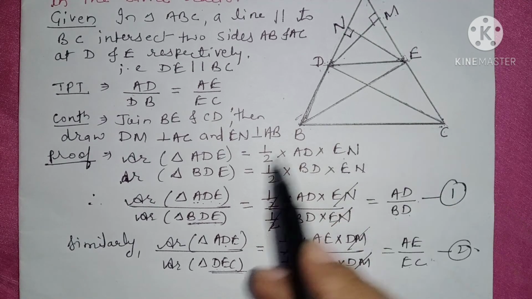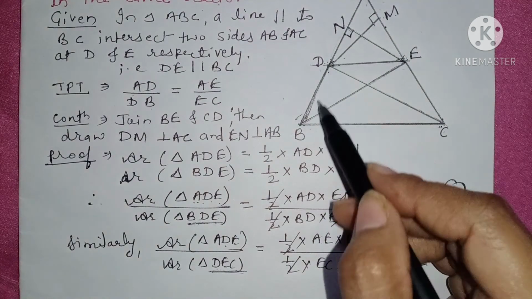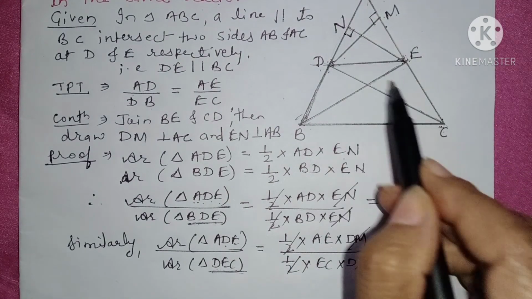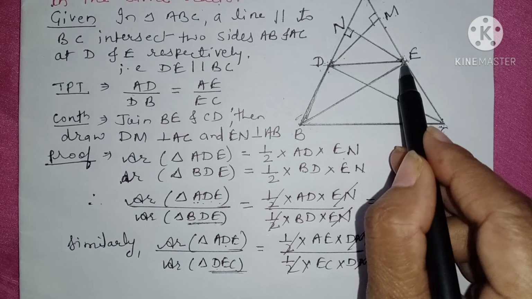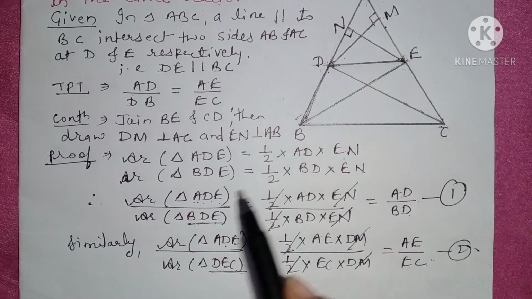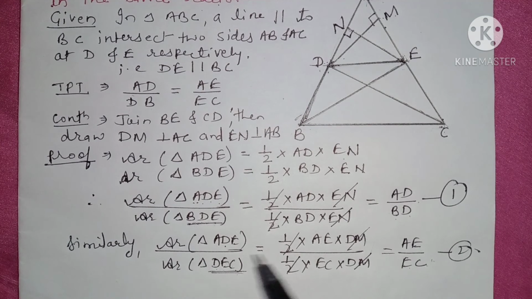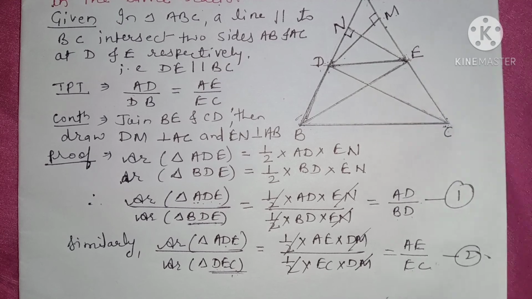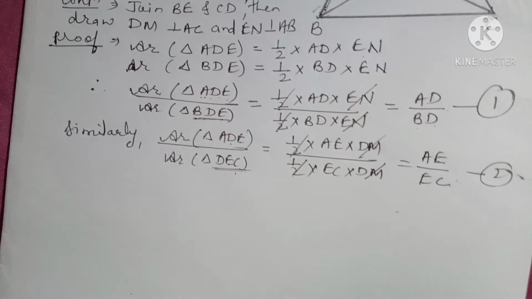So here triangle BDE and triangle DEC lie on the same base DE and between the same parallels. It is given that DE is parallel to BC, so we can say that their areas are equal, right? So these also become equal. Then that will be our third statement, and comparing 1, 2, 3 we will get the result.